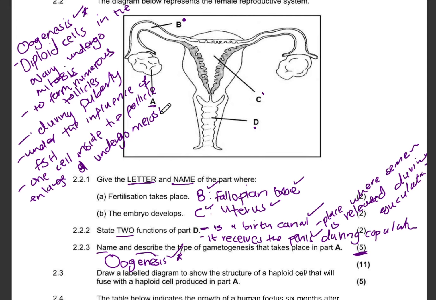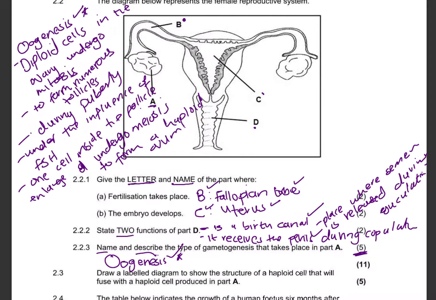So it's mitosis first, then meiosis. Will then undergo meiosis to form a haploid ovum. You can even talk about undergoing meiosis to form 4 cells, but out of those 4 cells, only one matures to become a haploid ovum. Actually, I think that's how it is in the marking guideline.